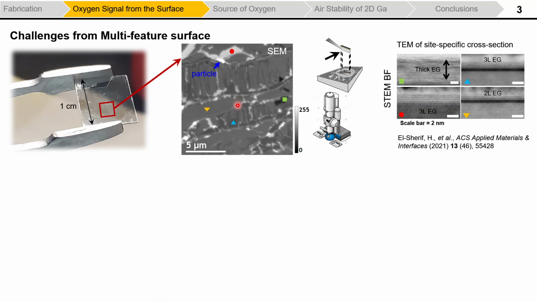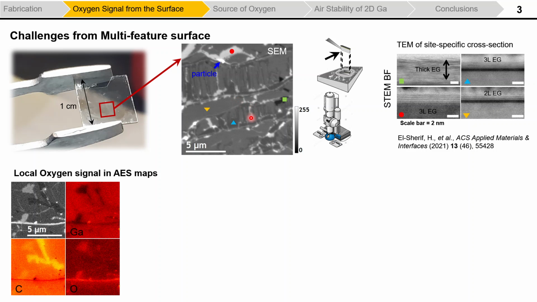This surface is an ideal example to do Auger electron spectroscopy mapping, and our Auger mapping confirms these differences in the carbon intensity related to the number of layers of graphene. We also see this gallium coverage correlated with the gray contrasts as well.